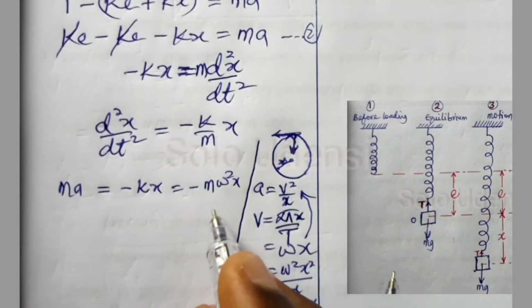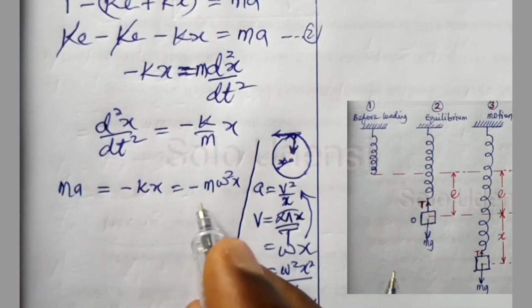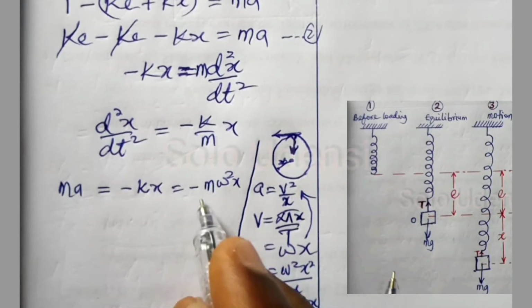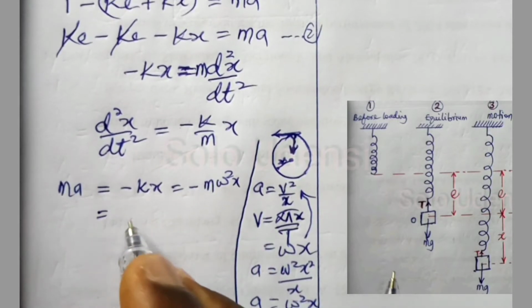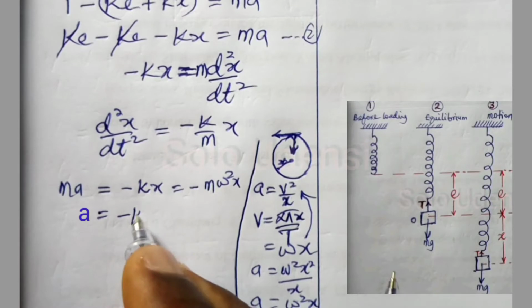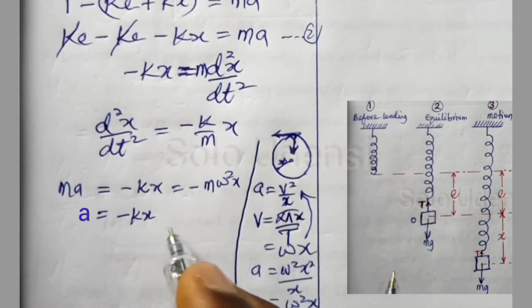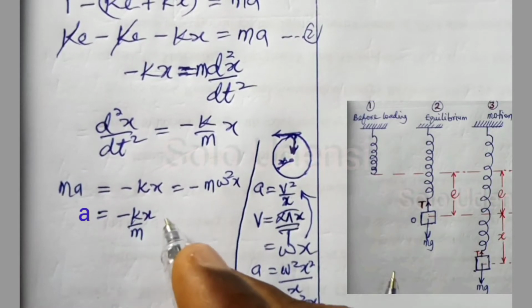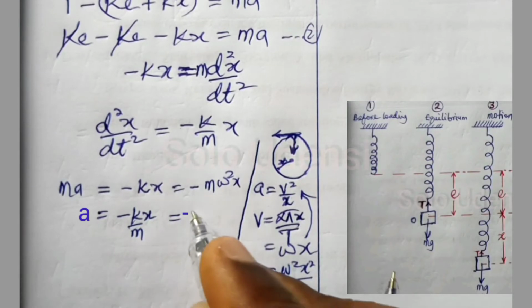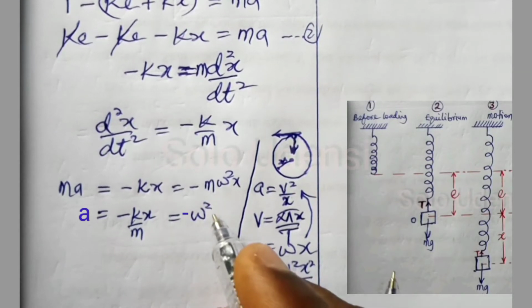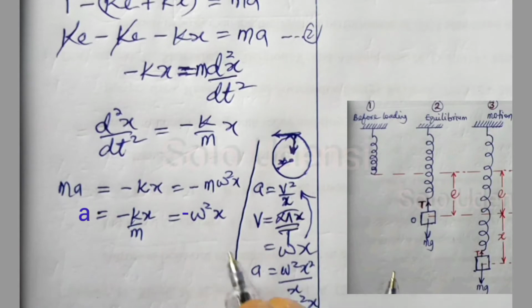So we can easily see that if we bring this one here, minus kx over m is equal to omega squared x. That's if we remove this.